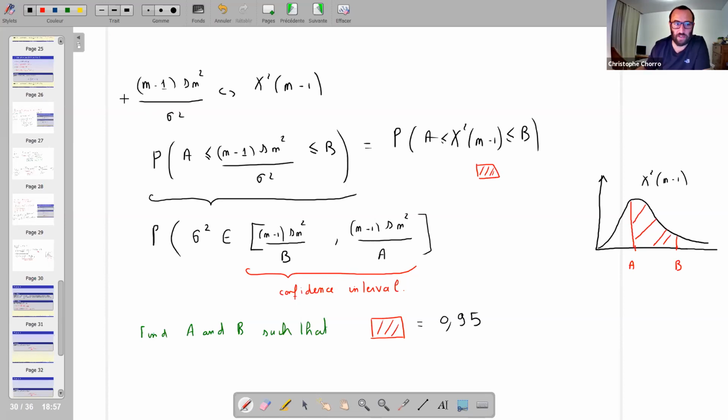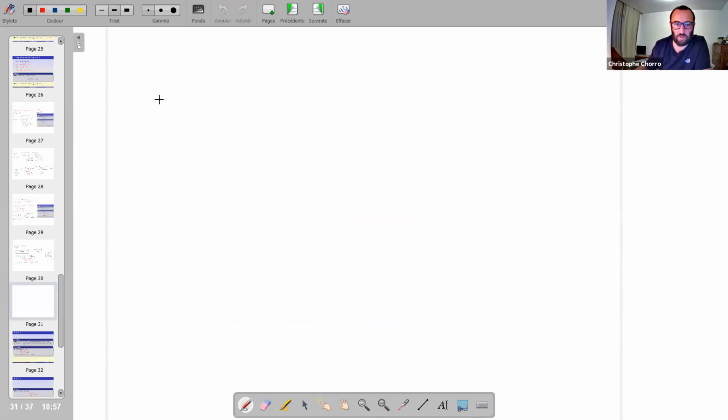It's not the case here, of course. But I can express this quantity of interest, the probability that my chi-square of parameter n minus 1 is greater than A and less than B, using the distribution function.